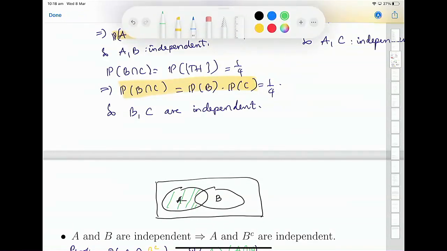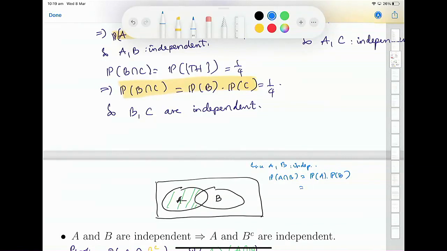Since A and B are independent, then you have probability of A intersect B equals probability of A times probability of B, and then what?